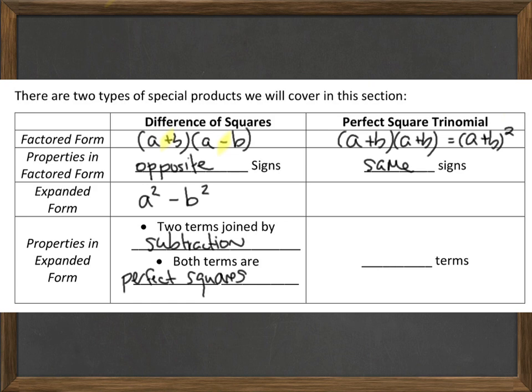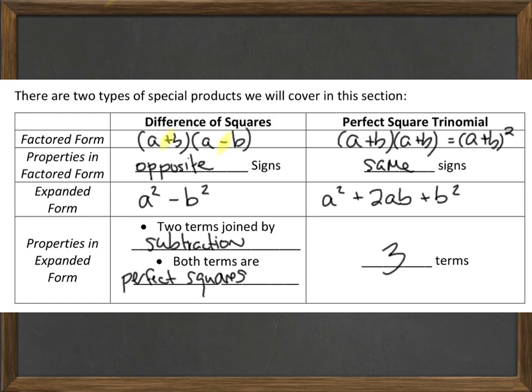In expanded form, in other words, if we were to expand or multiply this, we would end up with a squared plus 2ab plus b squared. Notice, unlike in difference of squares where we ended up with only two terms, in a perfect square trinomial, tri meaning 3, we have 1, 2, 3 terms.